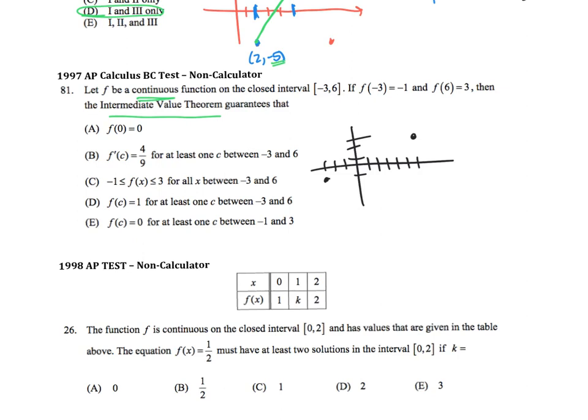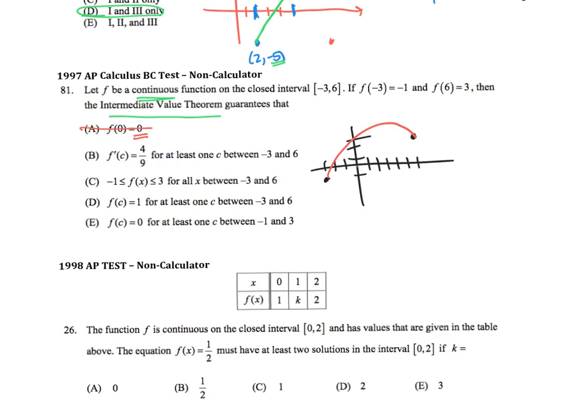Well, I slightly drew a misleading picture because my function does not have to look like this. My function could look something like this. Just because when x is 0 does not mean that my y has to be 0. Does my y have to be 0 at some point? Yes, because to go from -1 to 3, I have to cross through 0, but not necessarily at x equals 0.